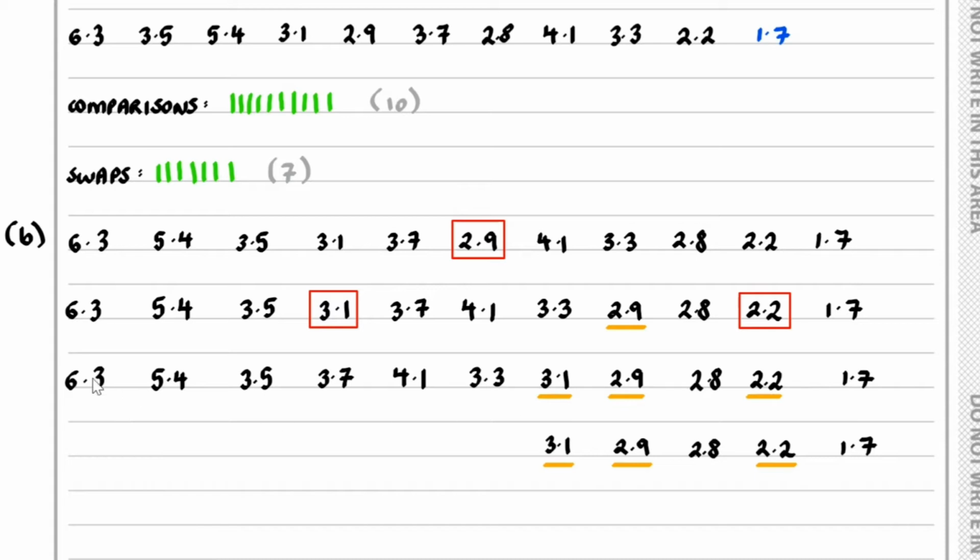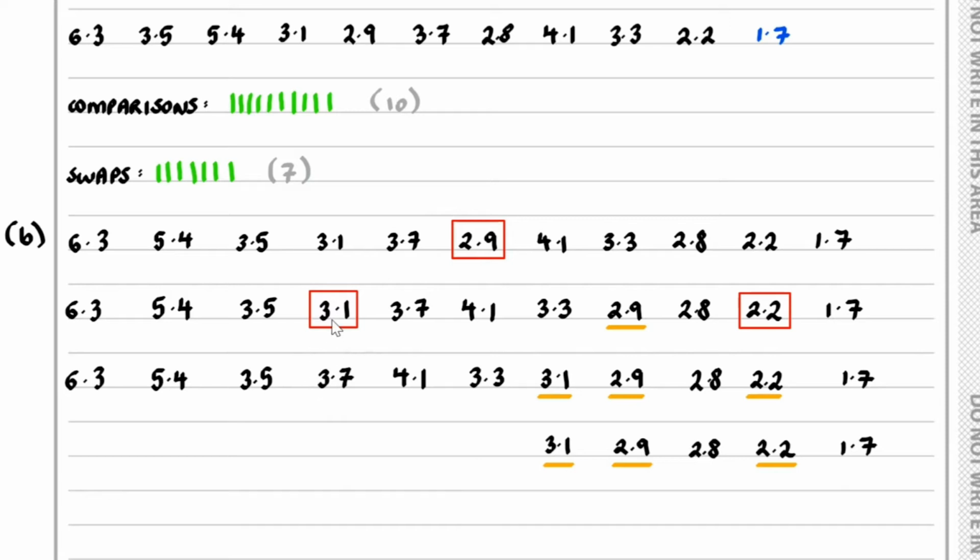Now here we've got 1, 2, 3, 4, 5, 6 entries. The middle one will be either the third or fourth entry. We choose the higher one, so we choose the fourth entry.